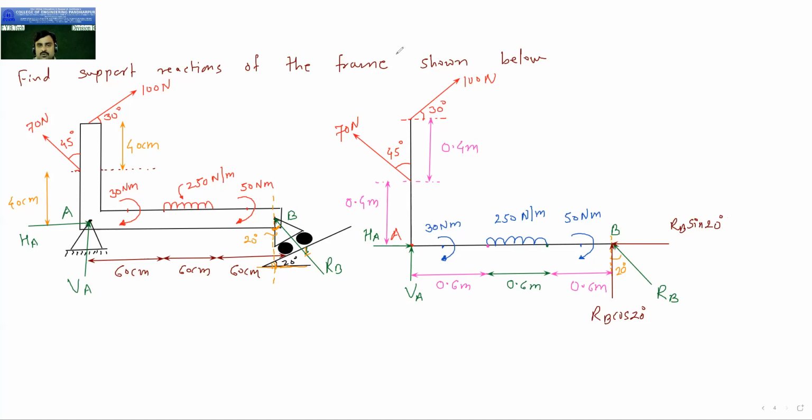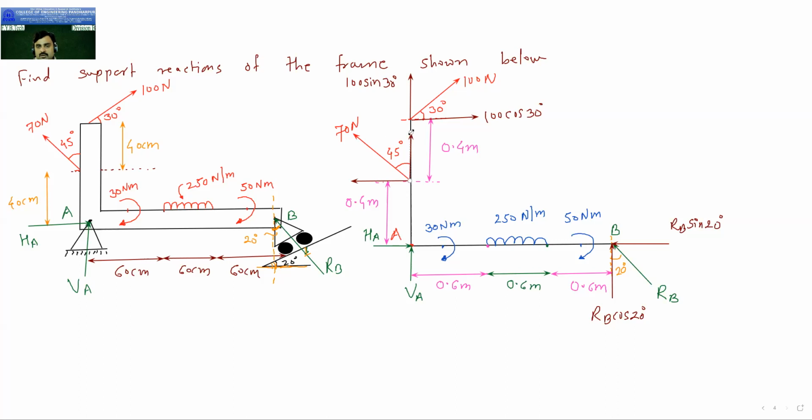Then if you resolve here this force, one component is parallel to X, another is parallel to Y. So this will become 100 cos 30. And this is 100 sin 30. Okay. Again, if you resolve this force, so here you will get one component, this is 70, and the other component is along this line.